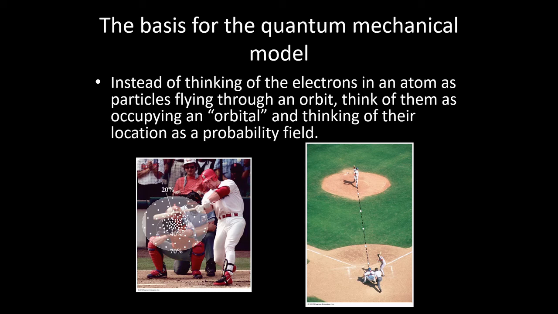In the Bohr model, and in really everything we do in life, we think of things as discrete objects, as particles that move around. That's the way we think of things. But when it comes to electrons, and other things on the order of the size of electrons, we don't really want to think of them as particles most of the time. Instead of existing as a particle that moves in a very set pathway, we're going to think of them as existing in a probability field.